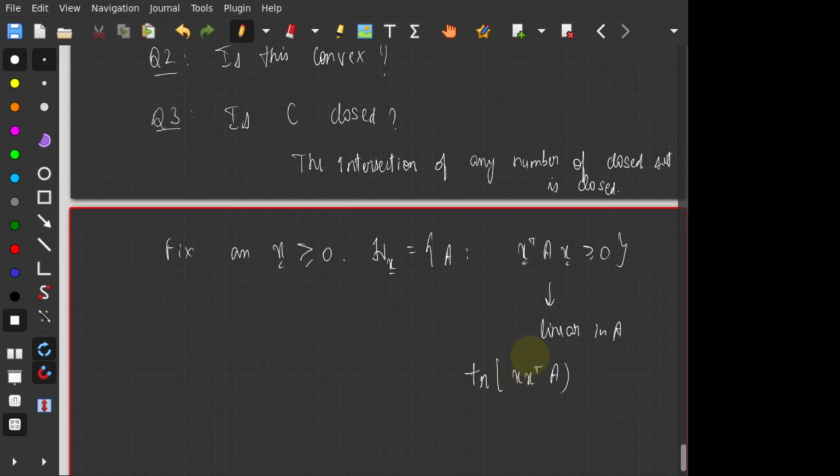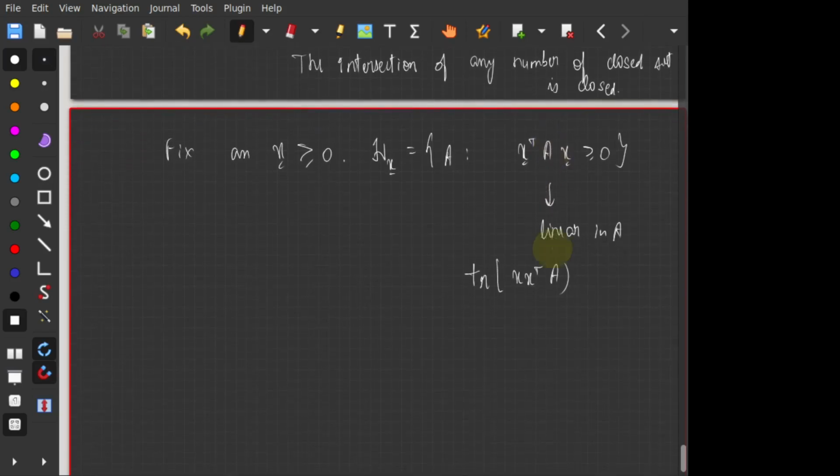But then the trace of x transpose A x is equal to the trace of x x transpose A. So this is a linear function of A.